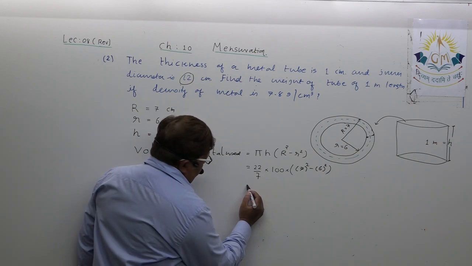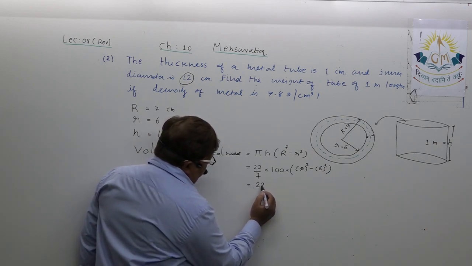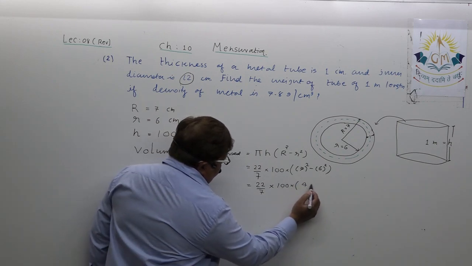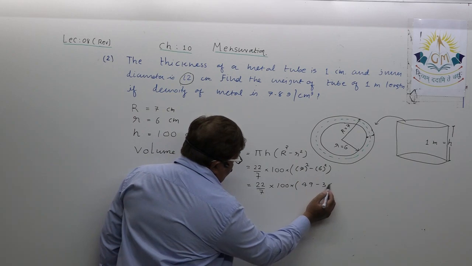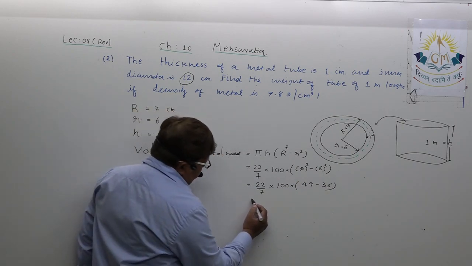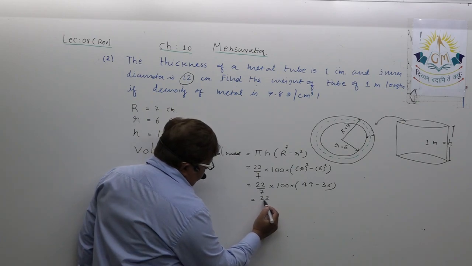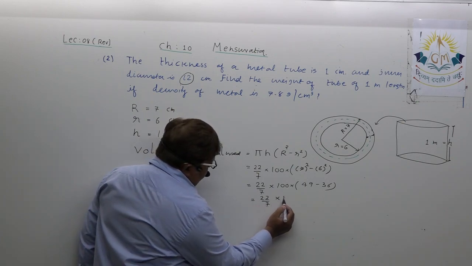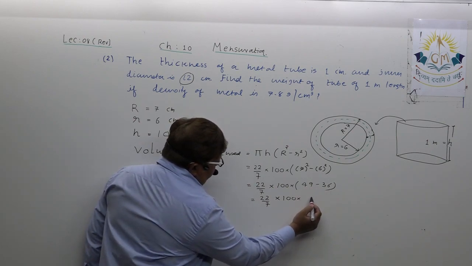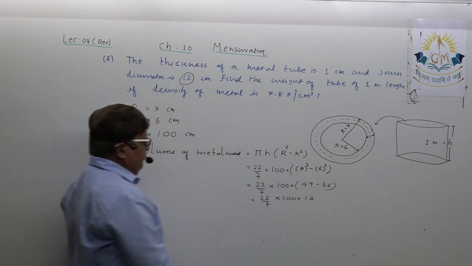Okay, this is 22 upon 7 into 100 into 7 square 49 minus 6 square 36. 22 upon 7 into 100 into 9 minus 6, that is 3, and this is 13.